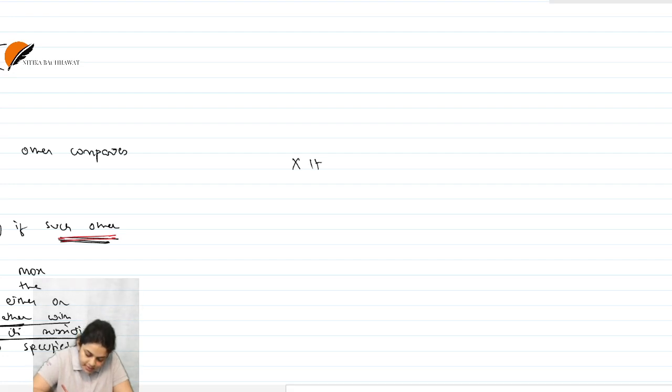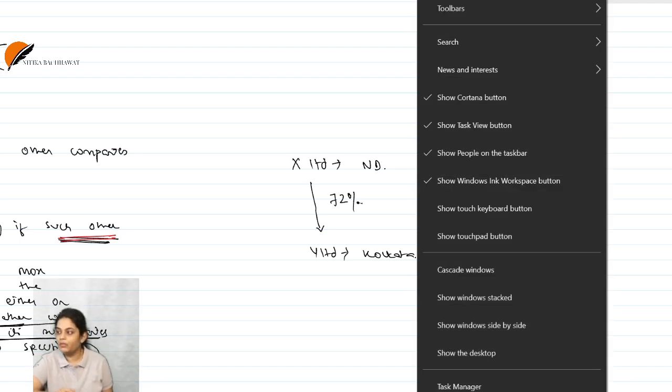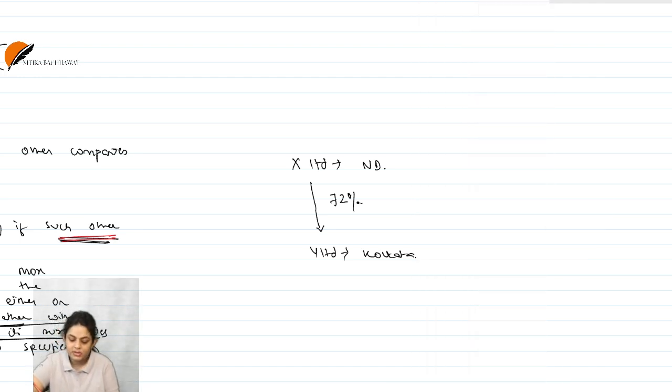Let's say X Limited is incorporated in New Delhi, Y Limited is incorporated in Kolkata, and X Limited holds 72% of Y Limited.